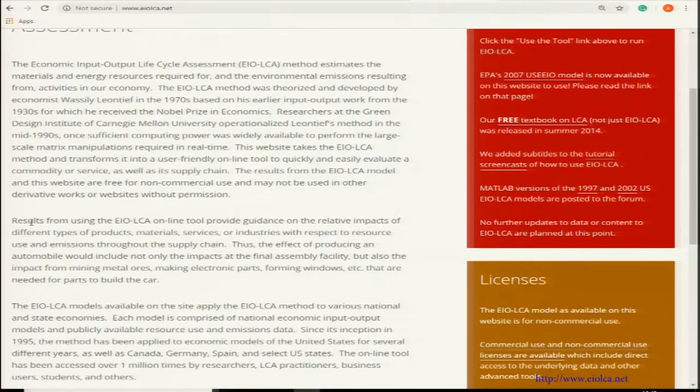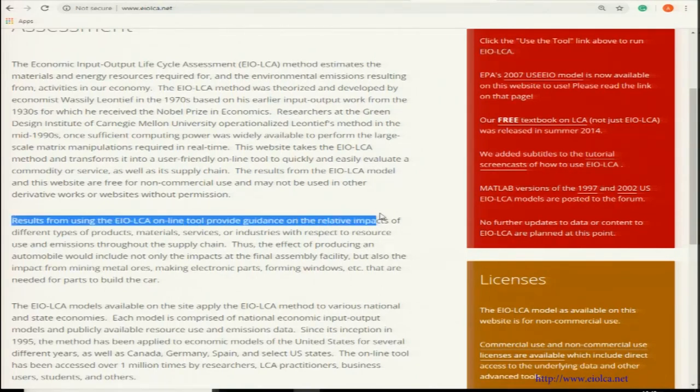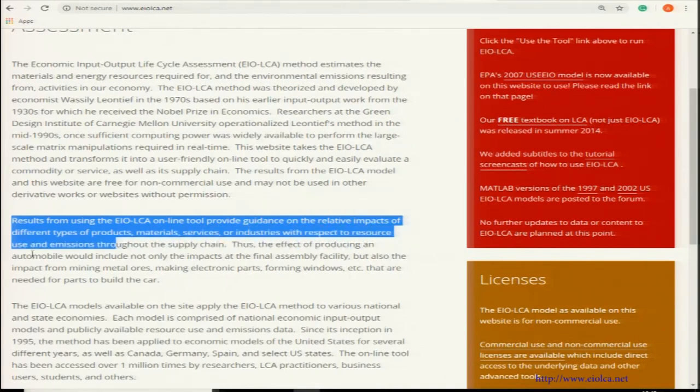This is a tool wherein the results from using the EIO-LCA online tool provide guidance on relative impacts of different types of products, materials and services or industries with respect to resource use and emissions throughout the supply chain. So it is considering the whole supply chain.